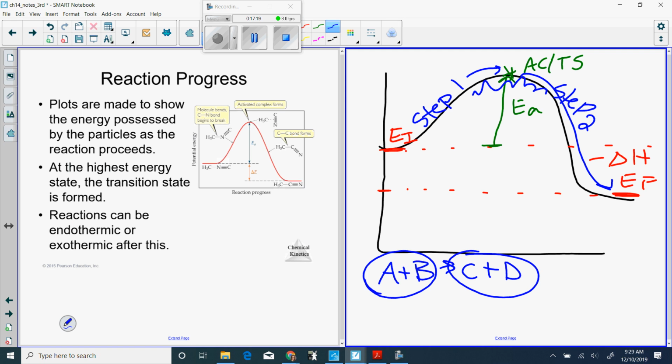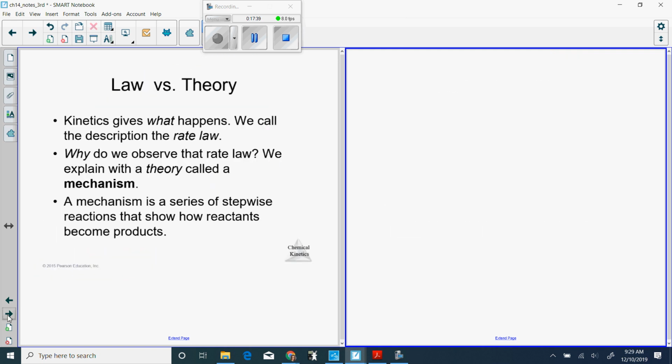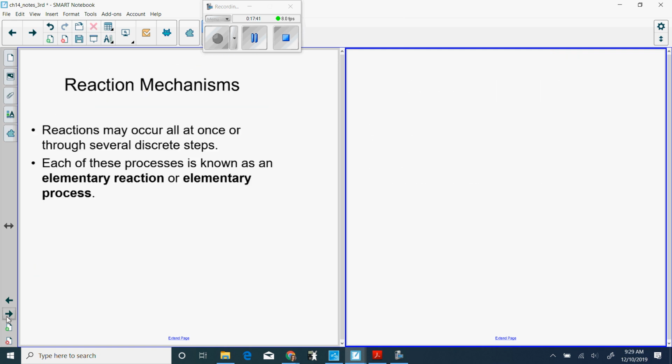If they're all in the same container, what's going to stop D from running into A? Nothing. That might make a DA. What's going to stop C from running into B or B from running into D? There's a whole bunch of actual things happening that scientists can predict, and they can only predict it because nobody can actually see at this point what's actually happening, and that's called a mechanism.